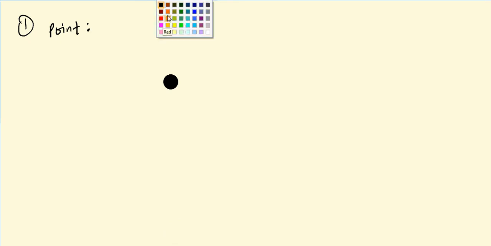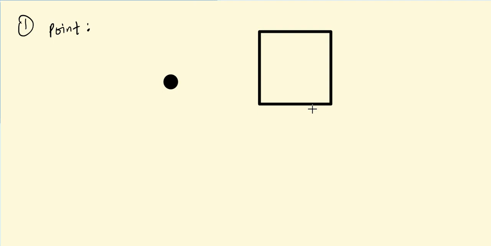Then one example, now this is your square and you are having points P, Q, R, S. So as I told you, a point is represented by a dot.